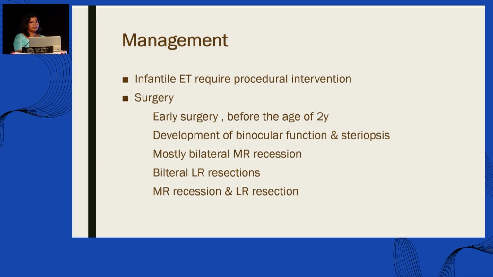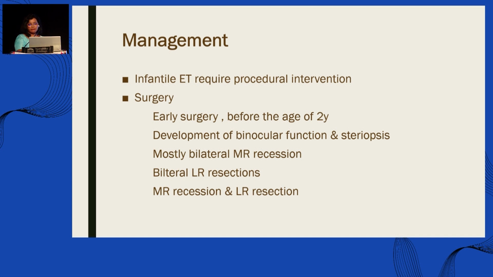So you can do surgery in the range of 6 months to 2 years, better before 2 years. Mostly we do bilateral medial rectus resection, but we can also do bilateral lateral rectus resection, or medial rectus resection with lateral rectus resection. That depends on your choice, but the majority do bilateral medial rectus resection.